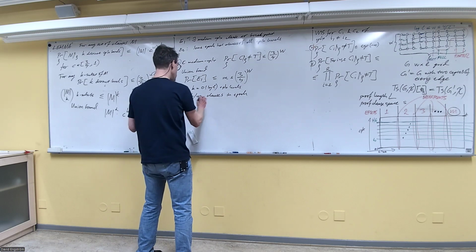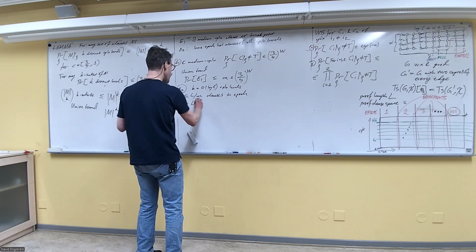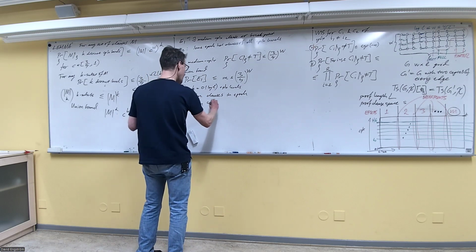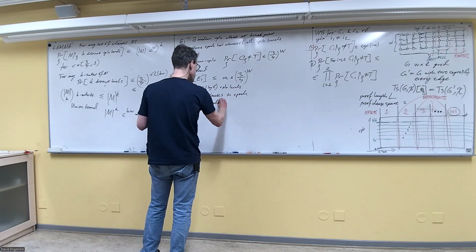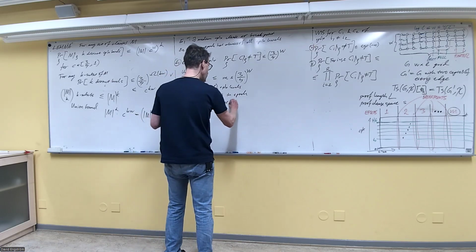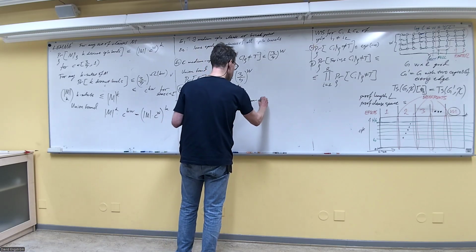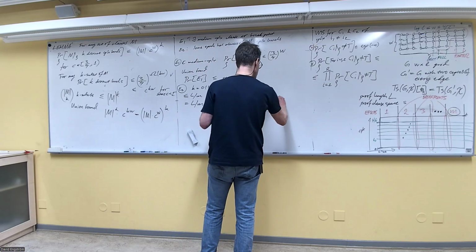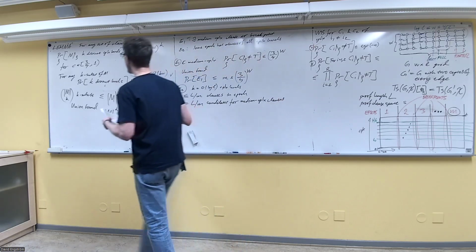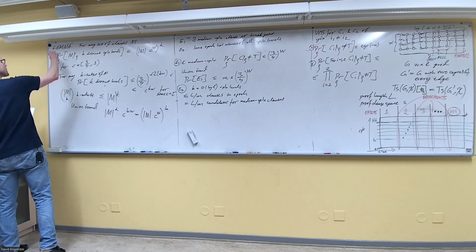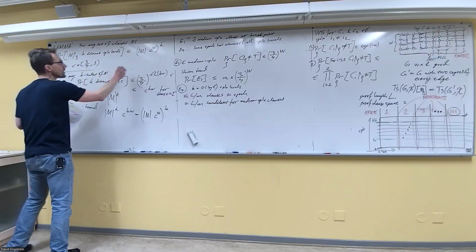So this means that we have at most L over M candidates for medium complexity clauses. Okay, but now we're going to use this lemma, right?